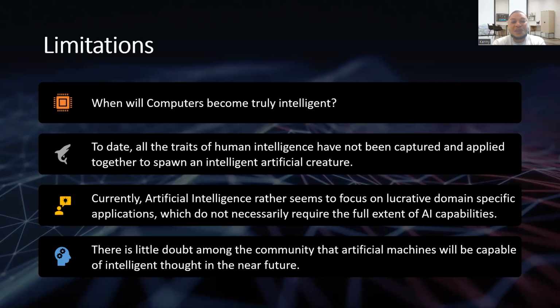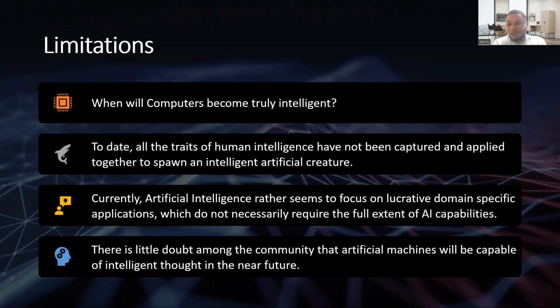So people ask those questions when the computer becomes truly intelligent. Like, with most of the computers that we have now, you have to give the information, right? But people are asking, can we get to a point where you don't need to give the information to the machine before the machine will predict whatever outcome is going to happen? So to date, all the traits of human intelligence have not been captured and applied together to span an artificial intelligence structure.